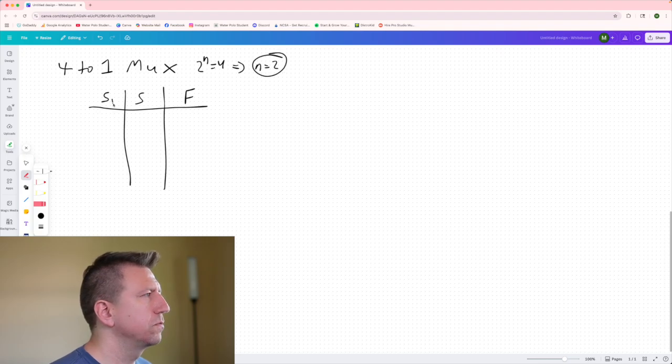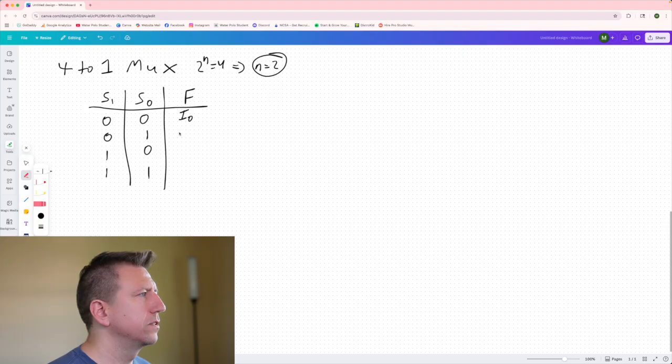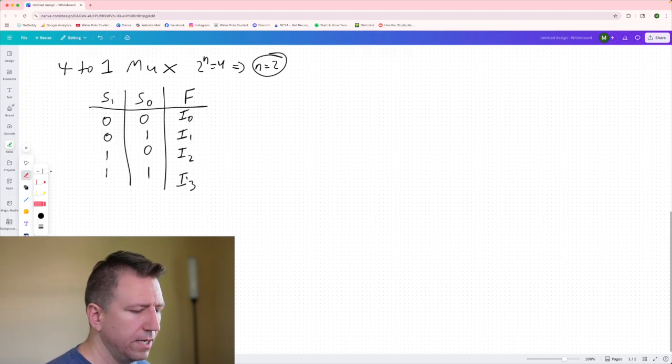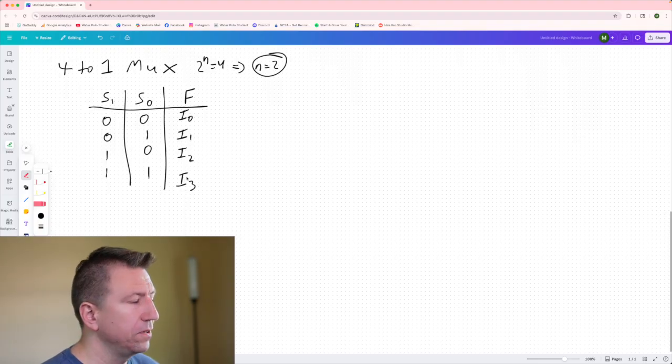So we need an S1 and an S0. And we're going to select those 4 inputs almost like they were minterms. So I0, I1, I2, I3 associated with row 0, row 1, row 2, and row 3. So this is our function table as we've defined it before.